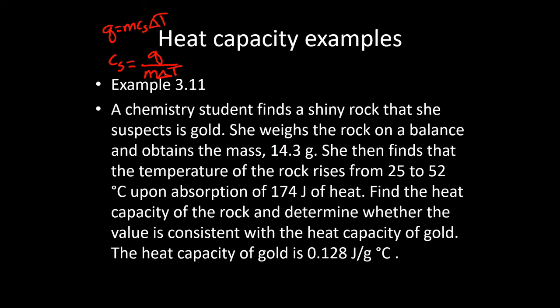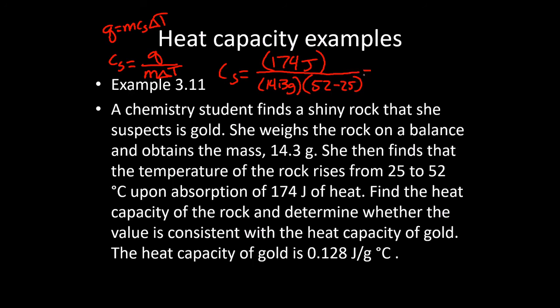And all of these I know. So if I go ahead and plug in what I know, I was told that it absorbs 174 joules of heat. So that'll be positive 174 joules. I'm told the mass is 14.3 grams. And I'm told that it goes from 25 to 52.